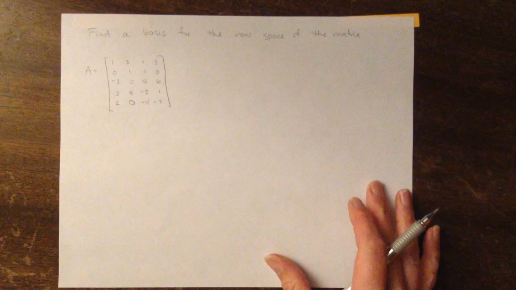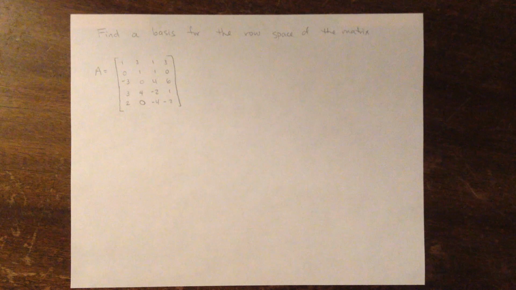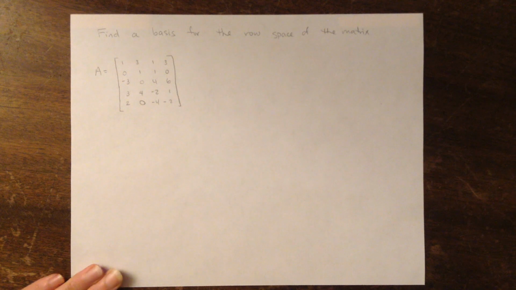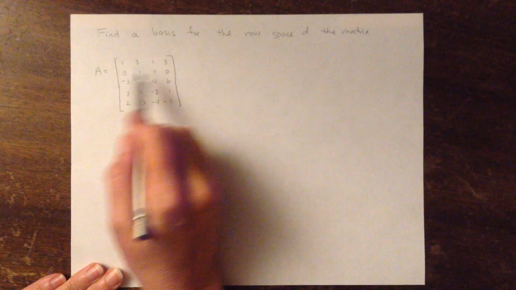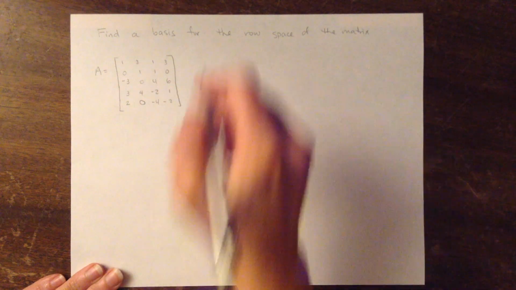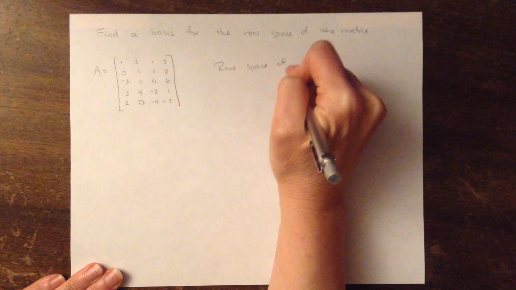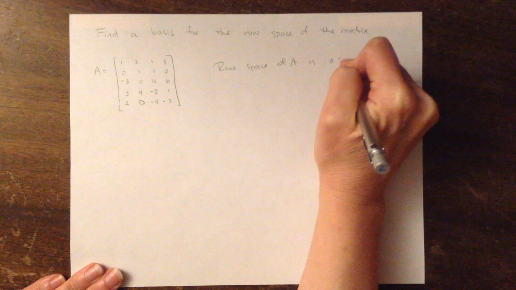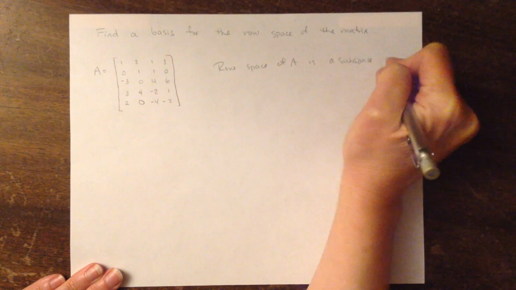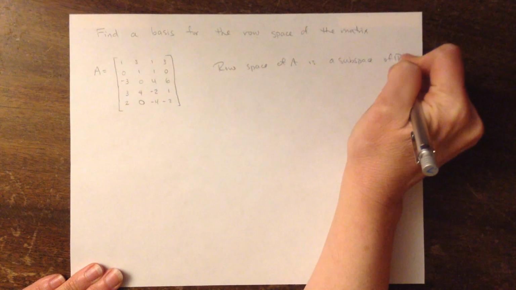So let's look at a bigger matrix here. So here we have a 5 by 4 matrix. So the rows of A are vectors from R4. So the row space of A is a subspace of R4.